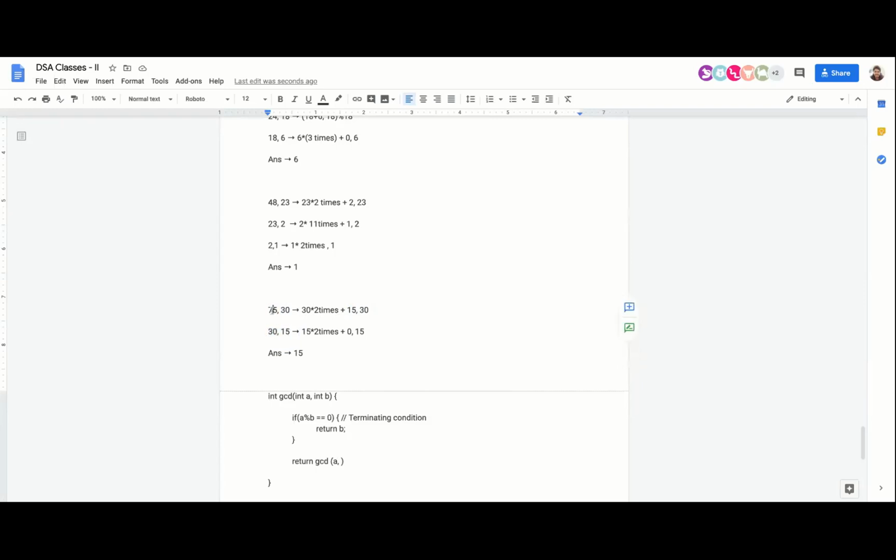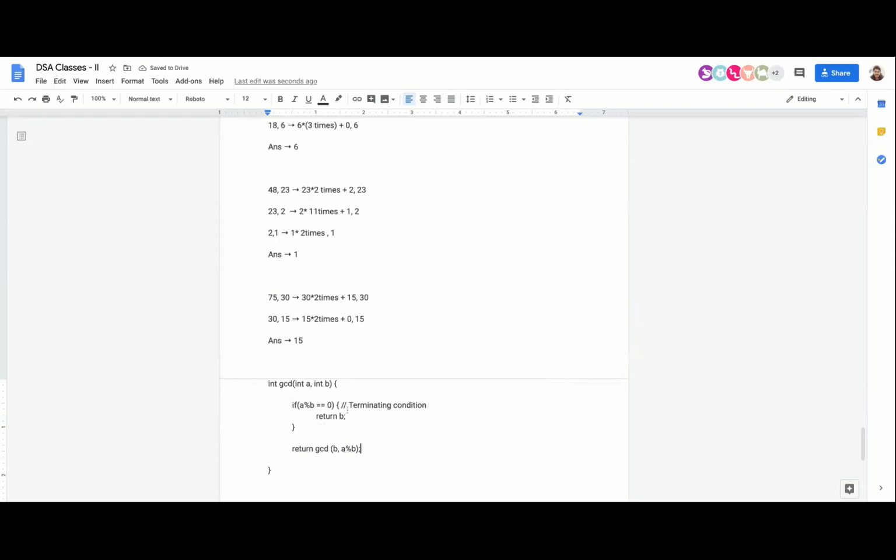So we'll do A percent B. If I write this as GCD of B, comma A percent B, then we'll calculate the value of this, and whatever value is returned, we will keep on returning it, and the final answer will be returned.